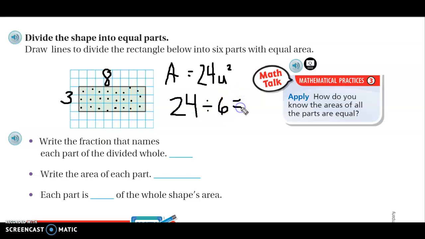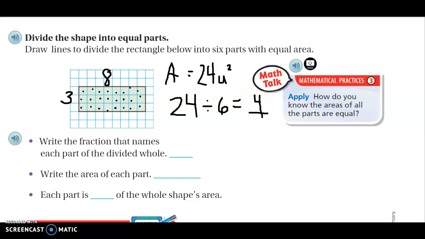All that work on reflex, all those math facts that we've been working on, if I know this fact family, I can come up with this answer. 6 times what is 24? Or I can sing my song. I found a way to count by 6: 6, 12, 18, 24. It took 4 6s to get to 24. So I know 24 divided by 6 equals 4.